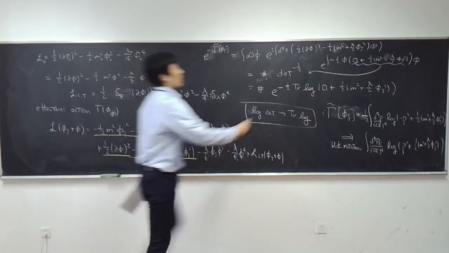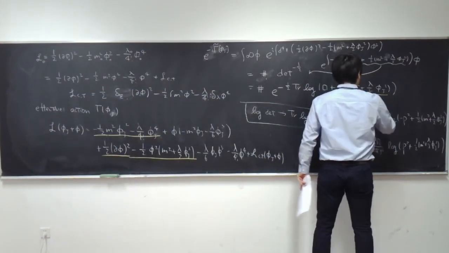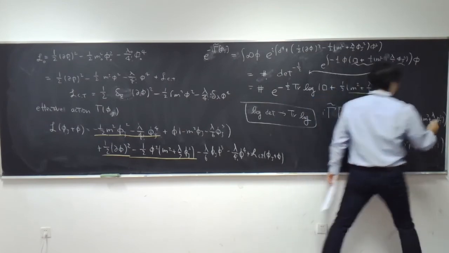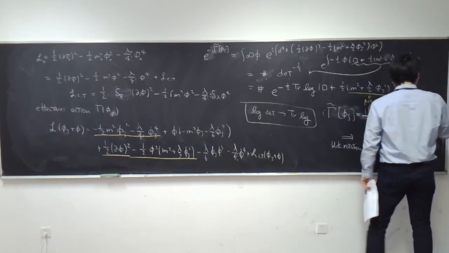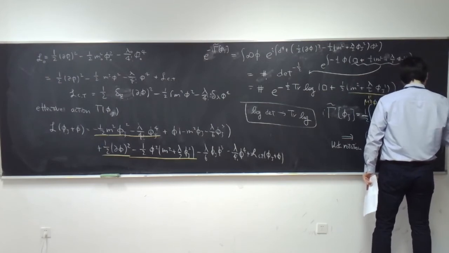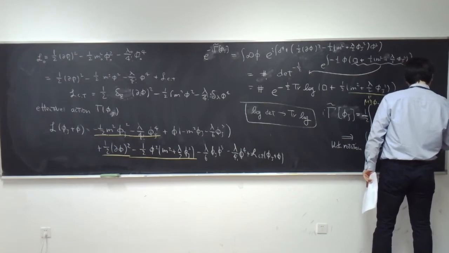Let's call this part mu^2(phi_j), so this one equals mu^2(phi_j).